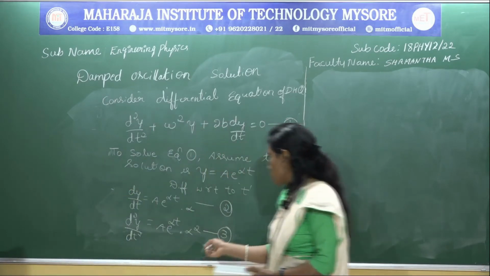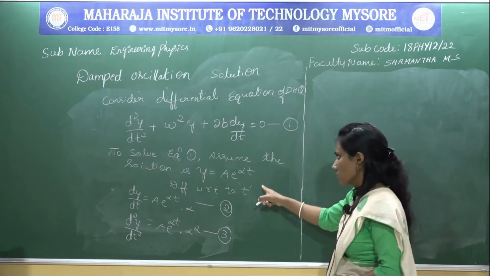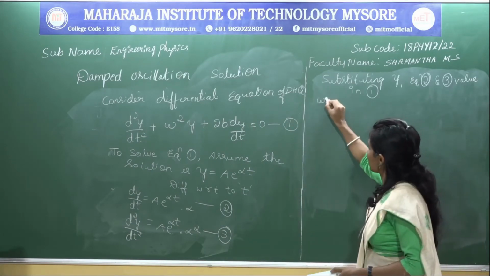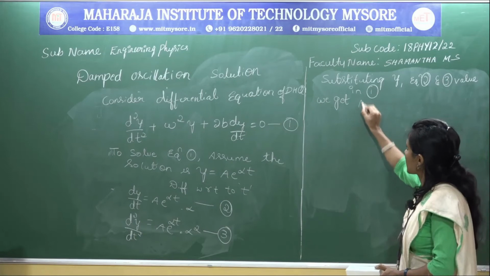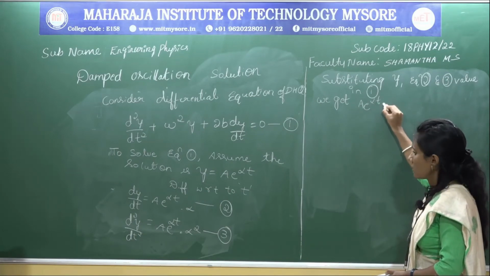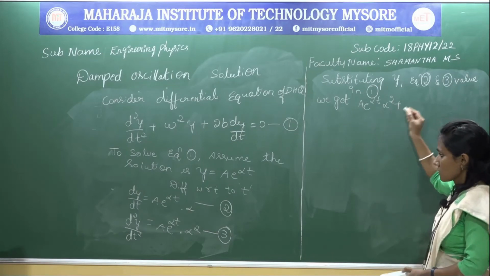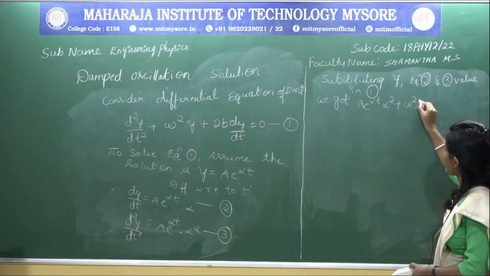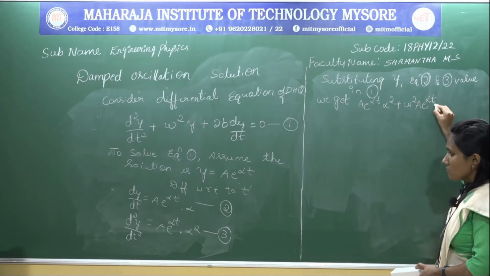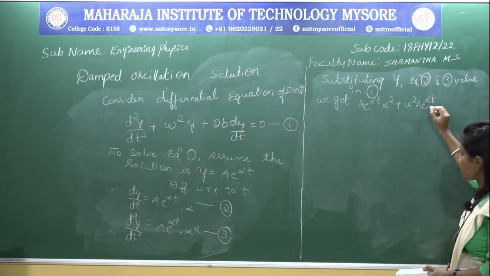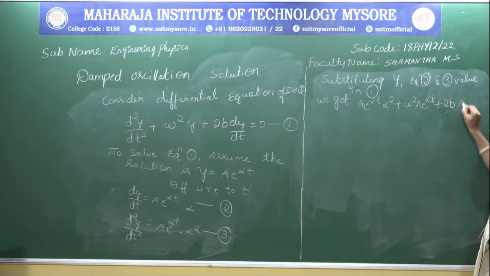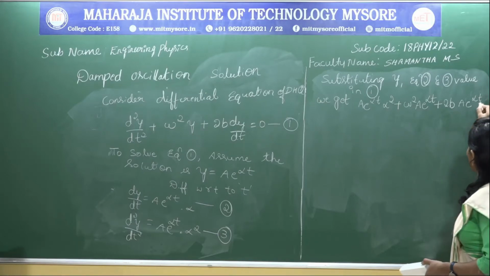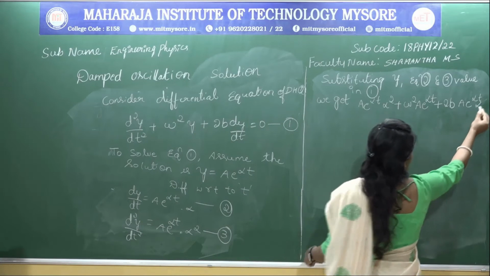So, next by substituting these values into equation 1, we get a into e to the power of alpha t alpha square plus omega square a into e to the power of alpha t plus 2b dy by dt, that is a into e to the power of alpha t into alpha, is equal to 0.